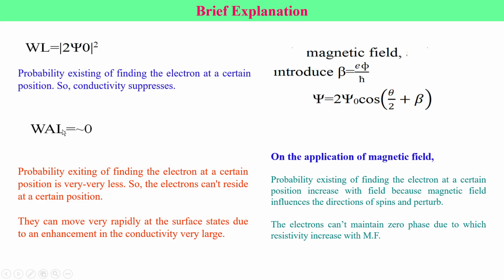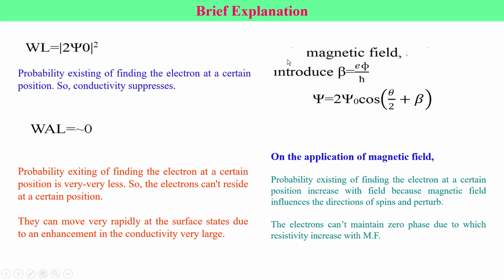And in the case of the weak antilocalization signatures, when the electrons interfere destructively, the probability of finding the electron at a certain position is very low, so the electron can move here and there very rapidly. So the conductivity is increasing, and with the introduction of the magnetic field, this decreases.